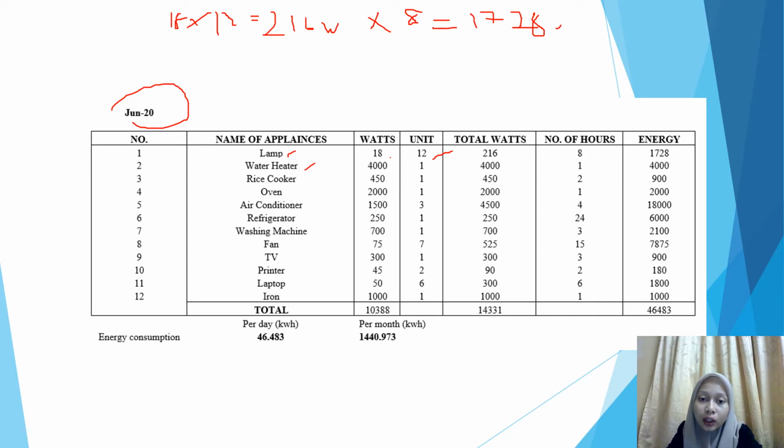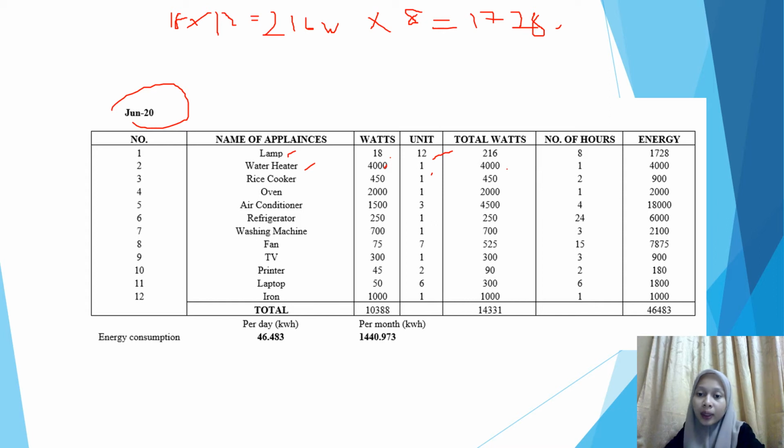Next is the water heater. The watt is 4,000. The unit is 1, and after you multiply watt and unit, the total watt is 4,000. Then you multiply by the hours used, and the energy used is 4,000. And then the rice cooker, same like that.